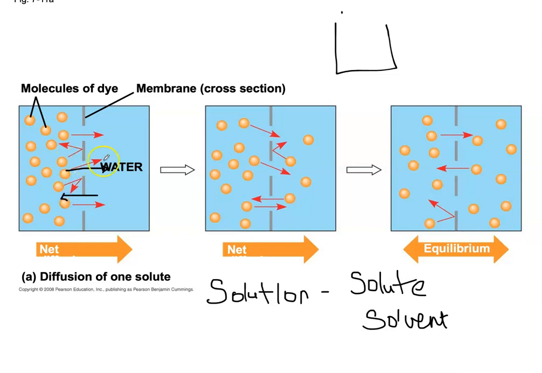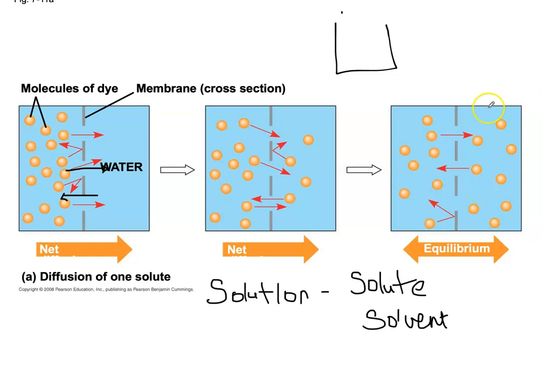And this is going to happen back and forth till there is an equal number of solute molecules on this side and that side, and solvent molecules on this side and that side. That doesn't mean that there is going to be no movement.